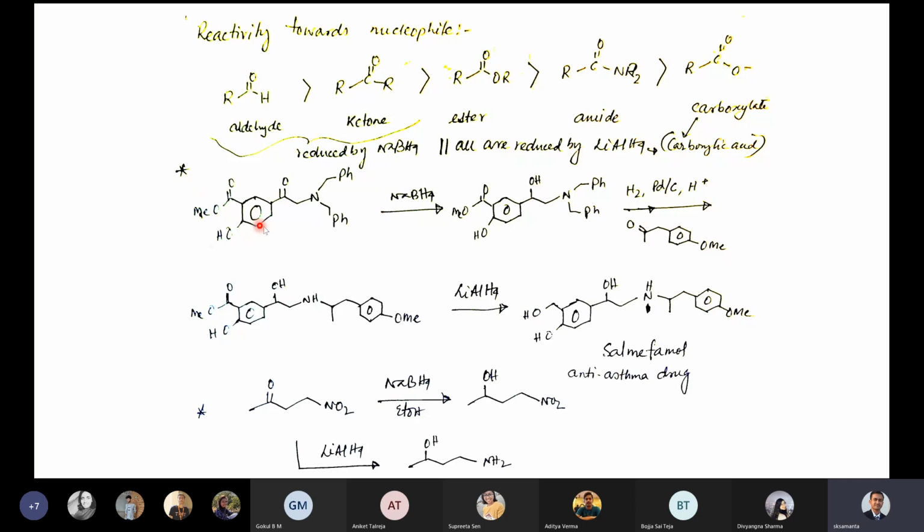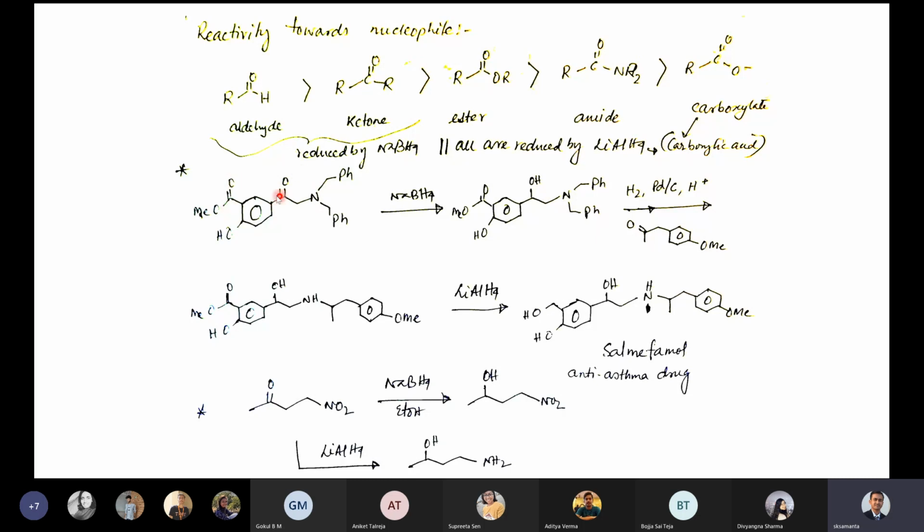This has to be made also, but that is not important in these circumstances. So let's start with this starting material and then reduce with sodium borohydride. You can see that there is an ester moiety and a ketone moiety. This is not amide, this is just ketone because nitrogen is not directly connected. So definitely the ketone will be reduced, but the ester will not.